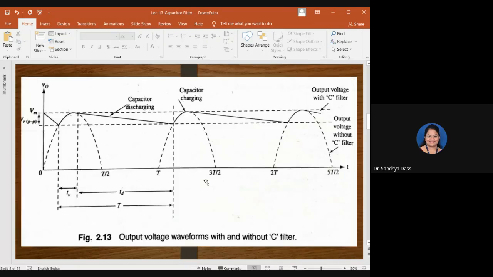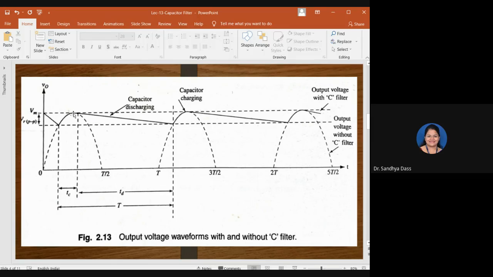So the output may look somewhat like this. The initial part is not shown. When the capacitor has to charge initially, the dotted line is the output of the half wave rectifier. Initially the capacitor charges to the maximum value, say Vm.